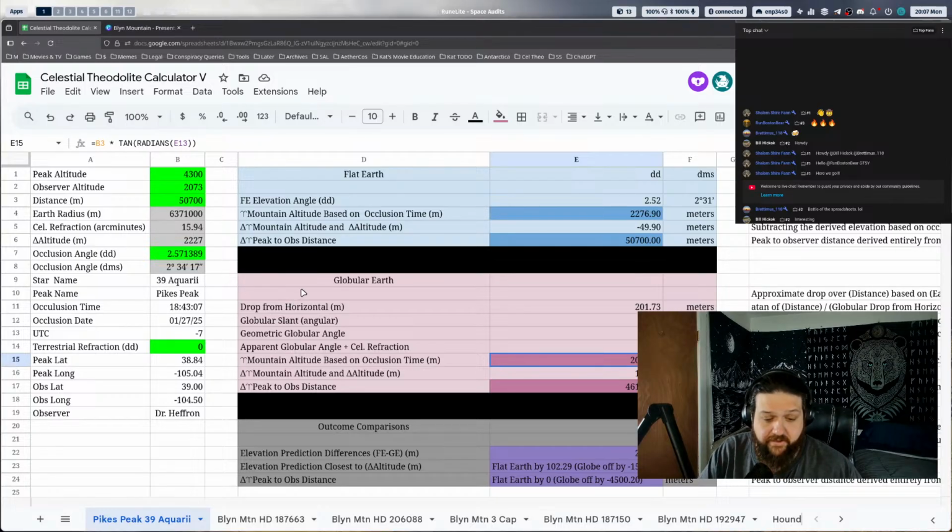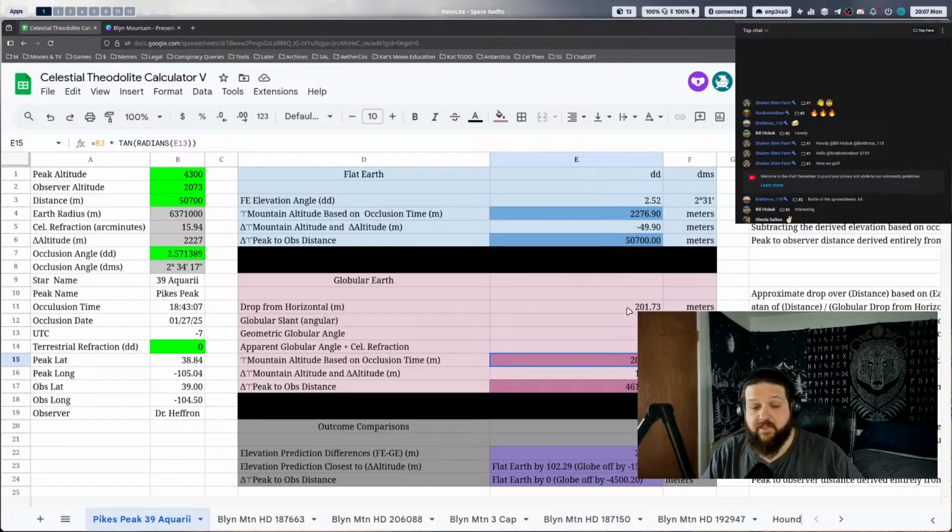So our premise is that if we're some distance away from a mountain peak and we calculate our relative angle to that mountain peak, just based off of the raw trig, assuming no globular drop, what's the difference in altitudes? And would that correspond to a different occlusion timing? Because as we know, occlusions are a physical process. So by doing a little trig, we can compare what angles would have to intersect with the stars.